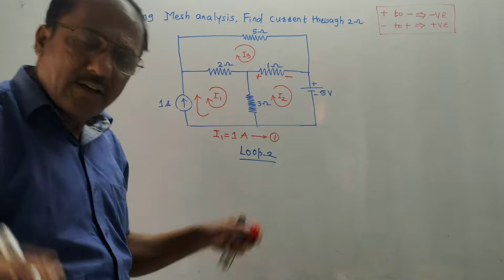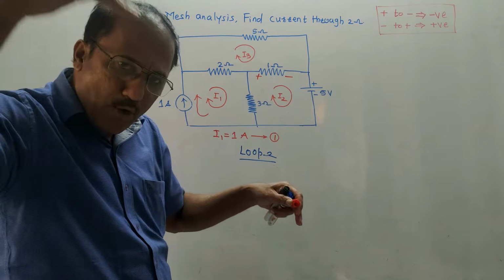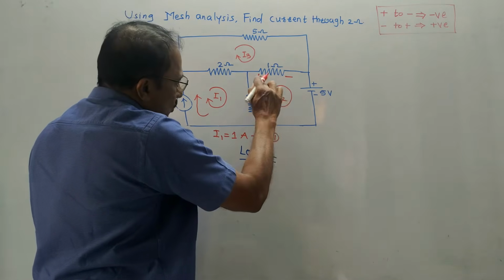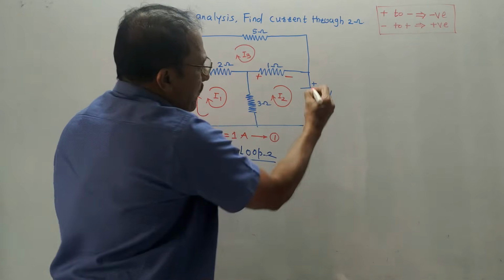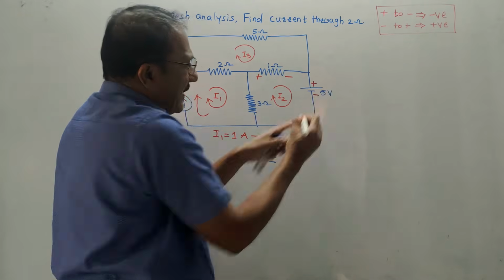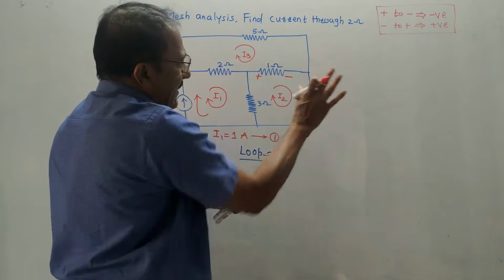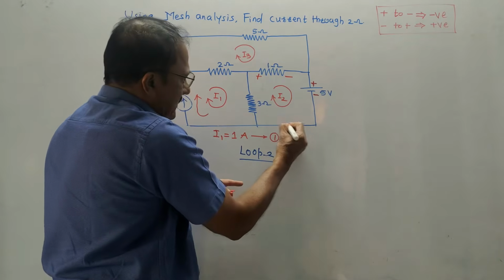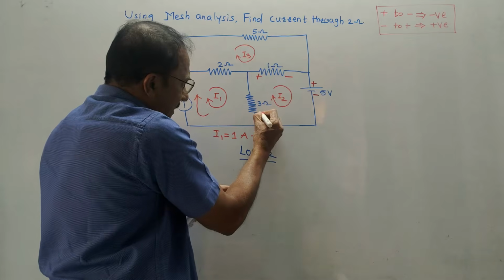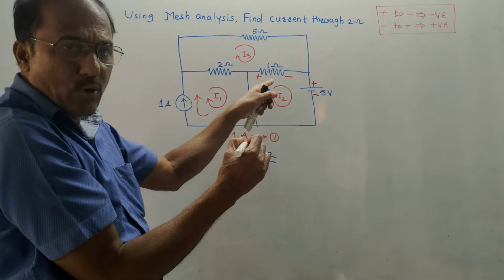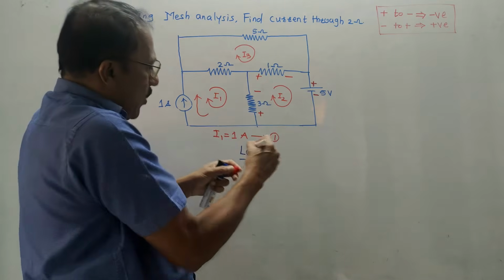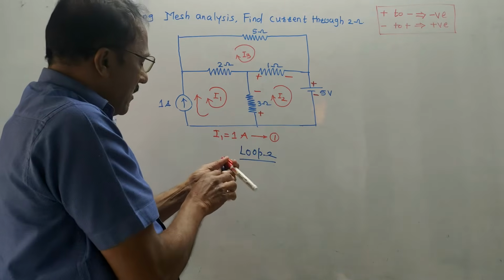Keeping in mind that current always moves from positive to negative, current I2 through 1 ohm is moving from LHS to RHS, so plus minus. These polarities are given in the question, keep them as they are. We are not writing anything for this, there is no resistance. Then for this 3 ohm, the sign is plus minus, because for 3 ohm the current is in upward direction.